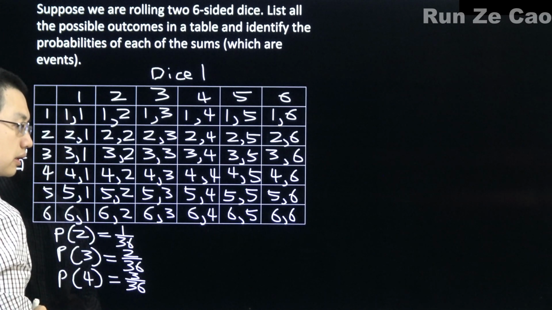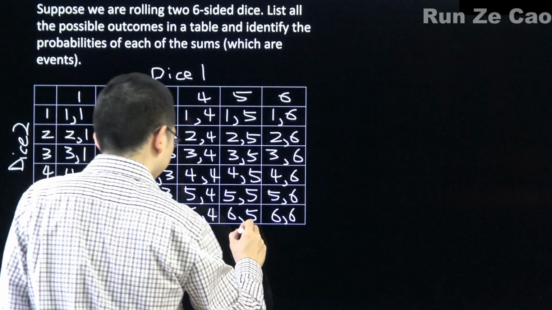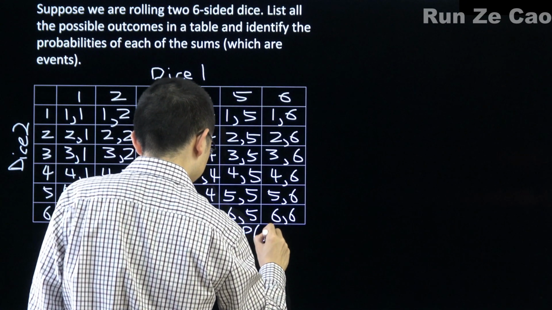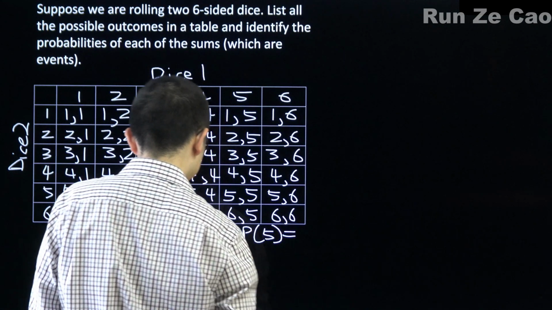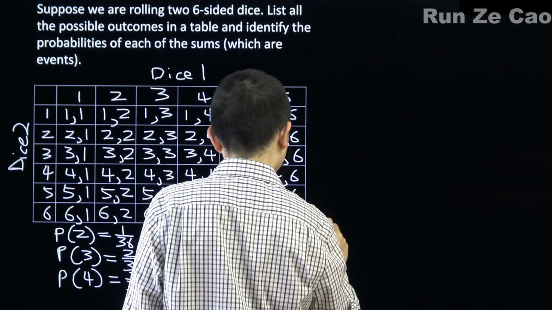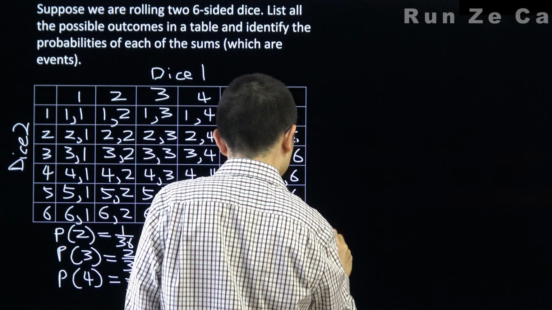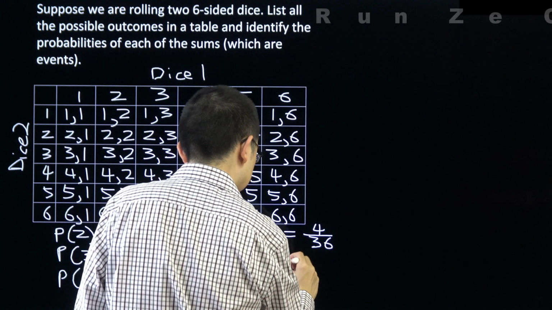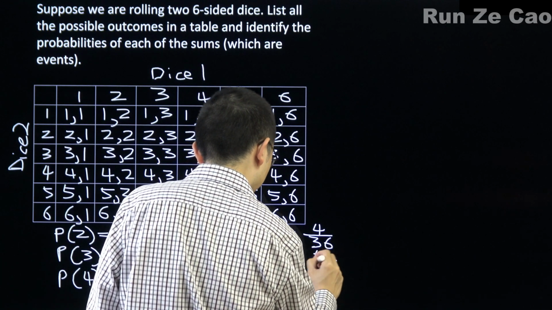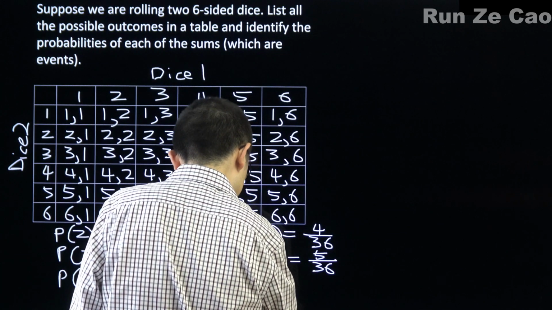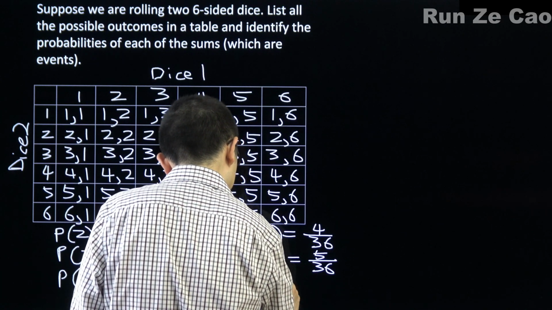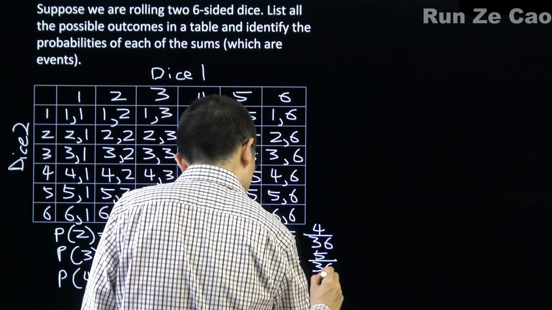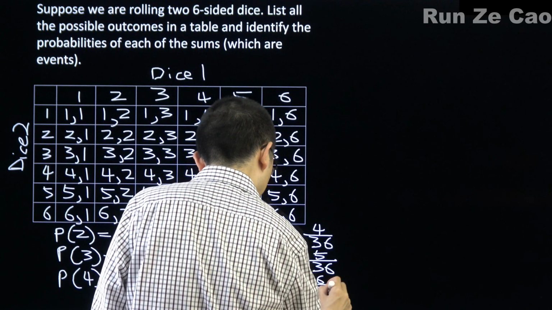And sum 5 is equal to 4 over 36. Sum 6 is equal to 5 over 36. And sum 7 is equal to 6 over 36.